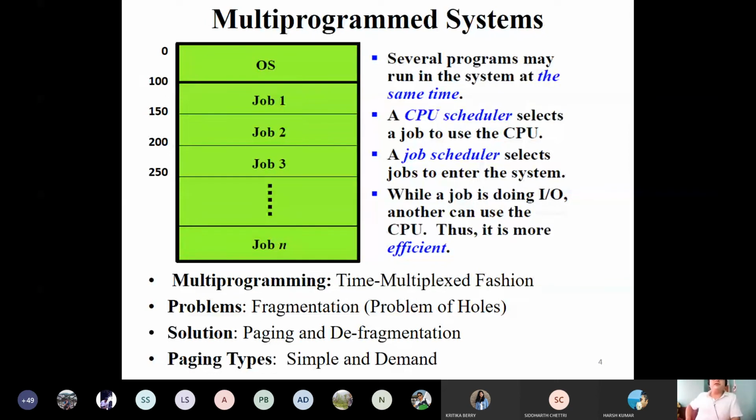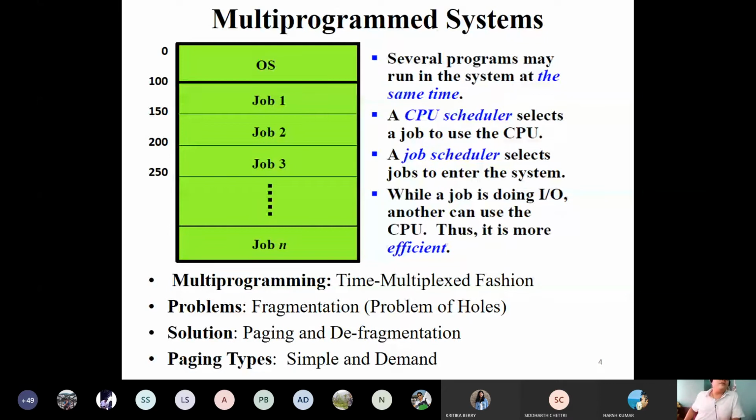Another solution to the fragmentation problem is paging. In case of paging, you divide the memory and you divide the program that you want to initialize into memory into equal portions.